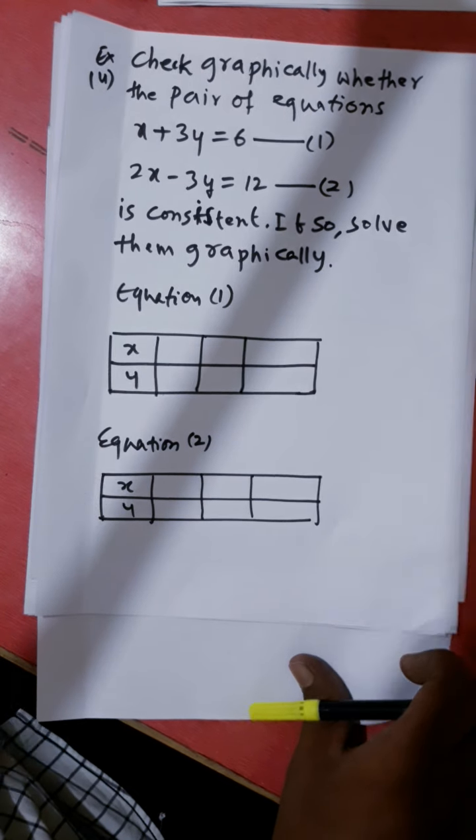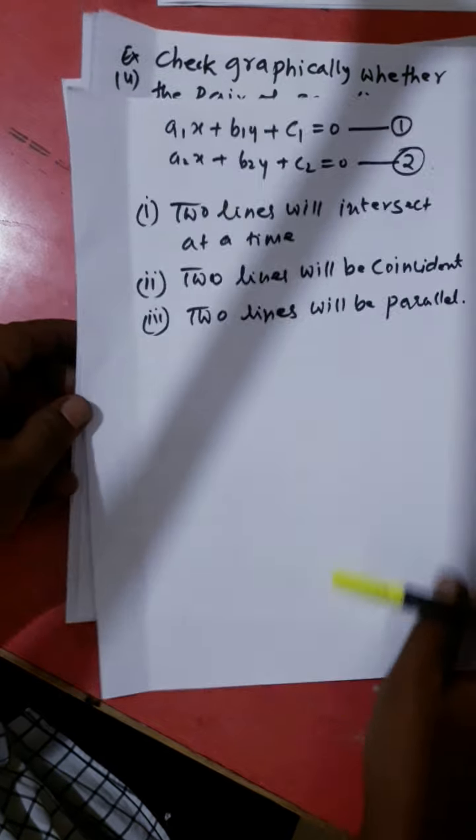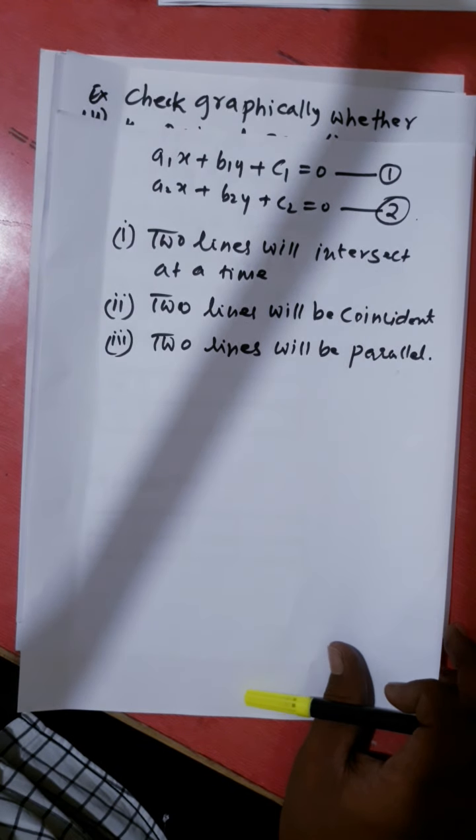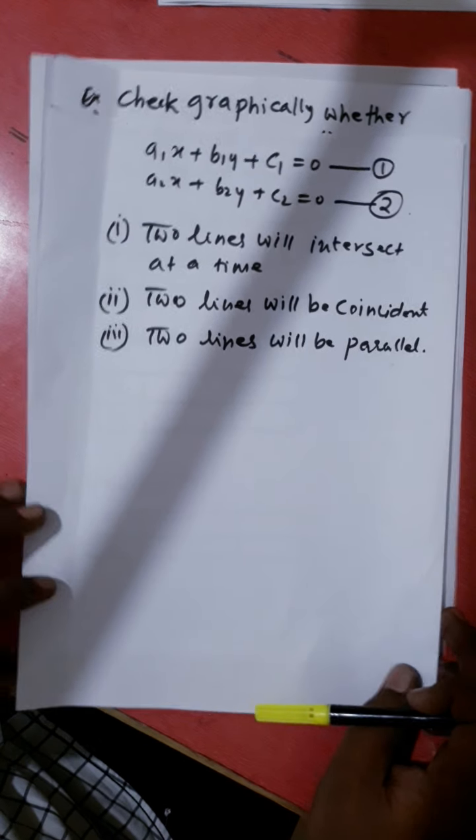When will the lines be parallel to each other, when will the lines be intersecting each other, or when will they be coincident with each other?